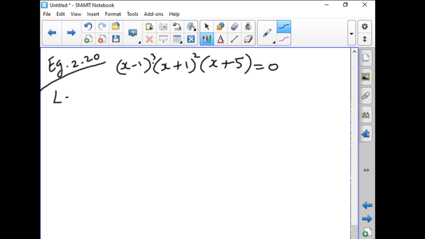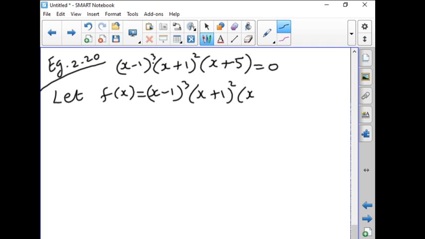Okay, so let f of x is equal to x minus 1 the whole cube, very simple problem, into x plus 1 the whole square into x plus 5 equal to 0. So what are the roots here? x is equal to 1, minus 1 and minus 5 are the roots.